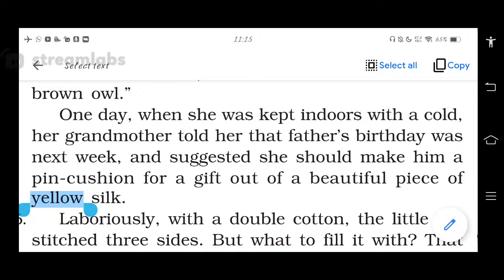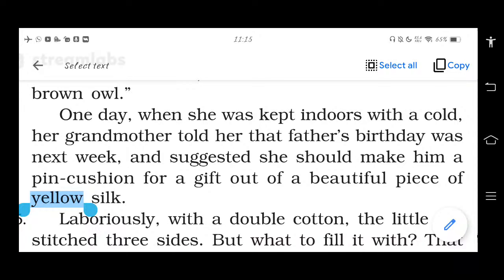So the next day she was informed that her father's birthday is going to be next week. Therefore, for her father's birthday, her grandmother suggested she make a pincushion with yellow silks. Right?